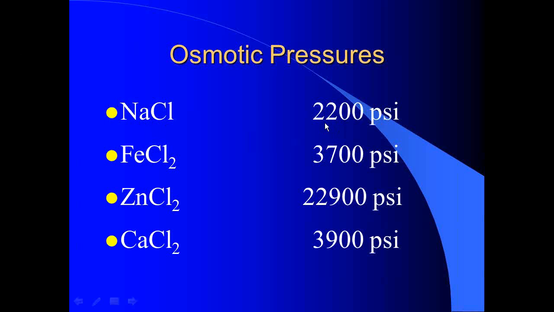Sodium chloride, 2,200 psi. Well, if the coating on top of it has got a bond strength of 900 psi, you can see how it easily lifts that coating, and as it builds up pressure, it keeps lifting it and tearing it loose from the surface, and the blister gets bigger and bigger. Ferrous chloride, that's where that chloride ion has left the sodium.